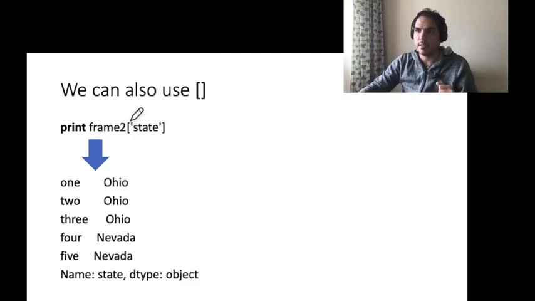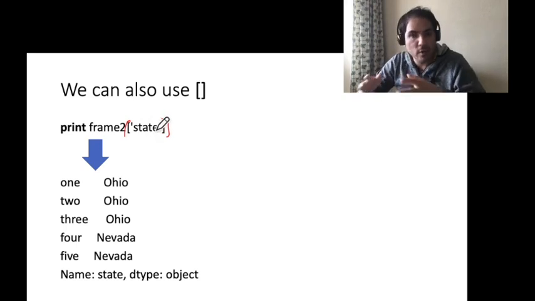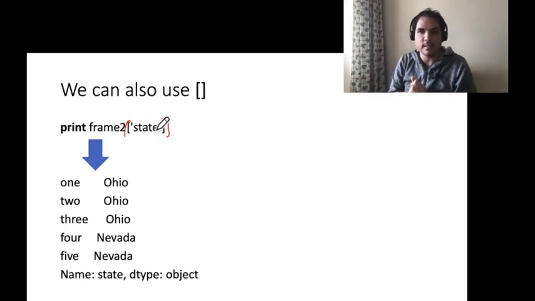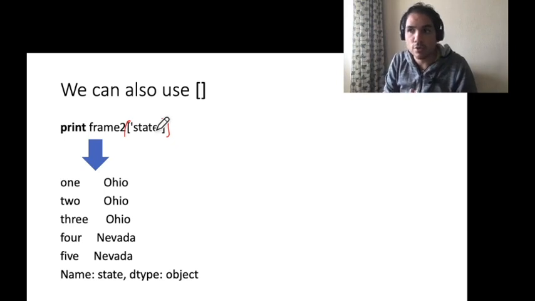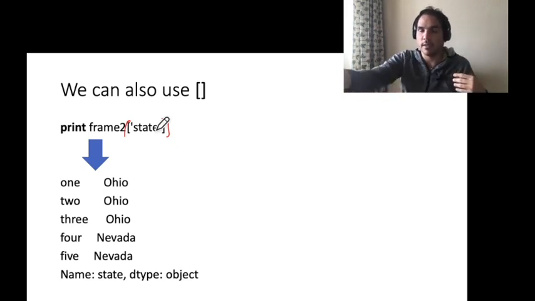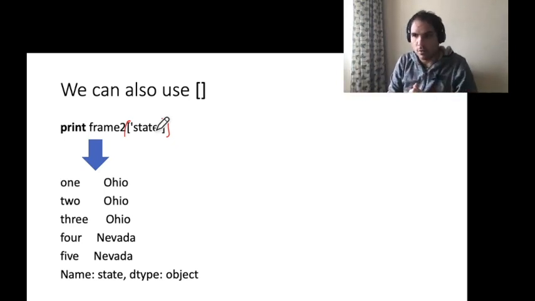Use these brackets, opening and closing, and then the name of your column. Because if you have spaces, Pandas is not going to get confused. I'm describing the two options, but in my personal opinion, I prefer this one because it's going to be easier in the general case.